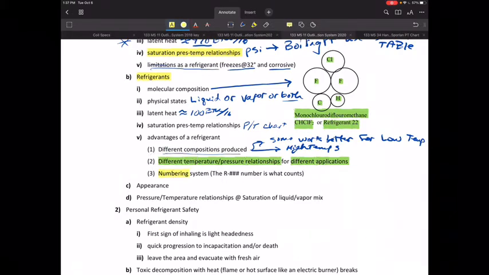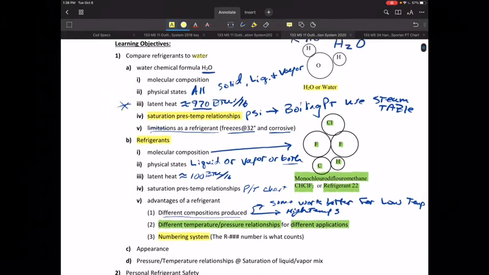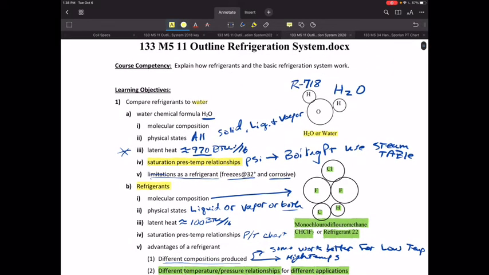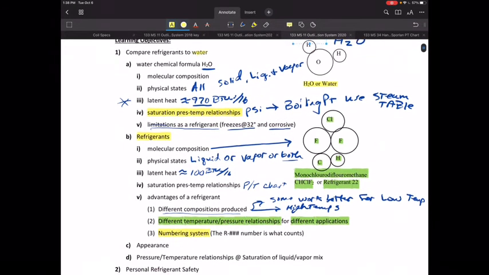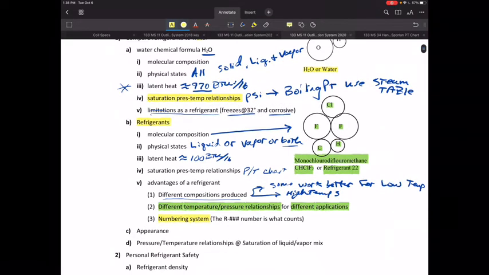All of these refrigerants have a specific numbering system. The main thing that gives us information about the refrigerants is when ASHRAE creates this R system, or refrigerant designation, whether it's R22 or R134A.